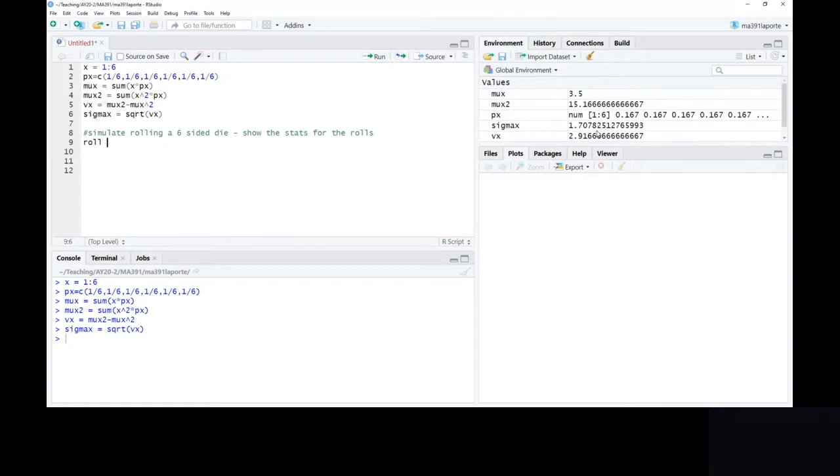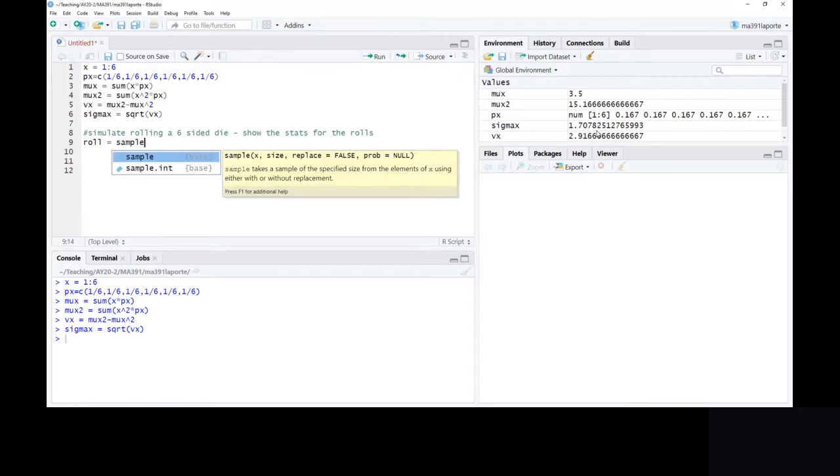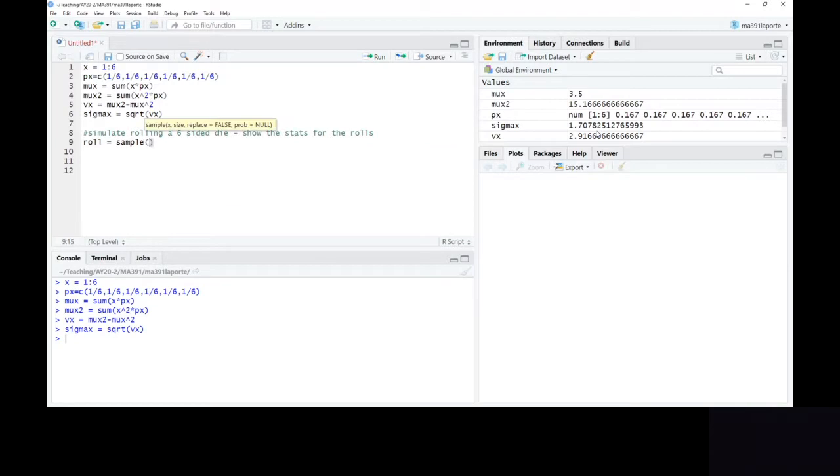So we'll go roll is equal to, so I'm not sure if you know the R code for this, but if you do a sample, so sample is a function, and what it does is you tell it what the things are that are in your sample, and you're just going to randomly take one from it, right? So in our case, we want to go from 1 to 6, and then we want to tell it how big you want your sample to be, and I want it to be 30.